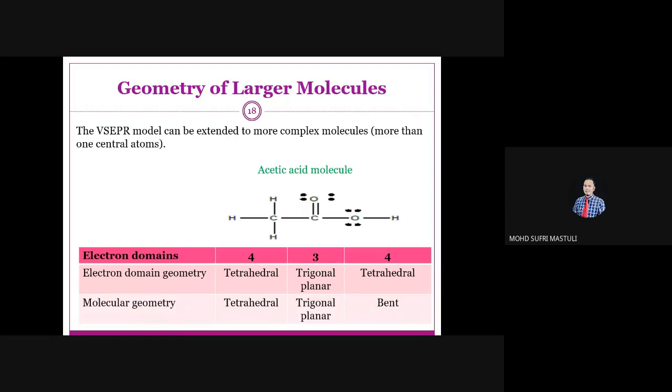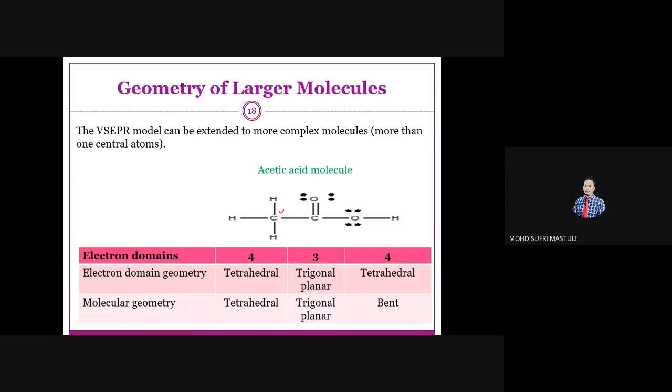So this is the example. Let's say we focus on this carbon. As we can see, this carbon has 4 electron domains: 1, 2, 3, 4. 4 bonding pairs with no lone pair.